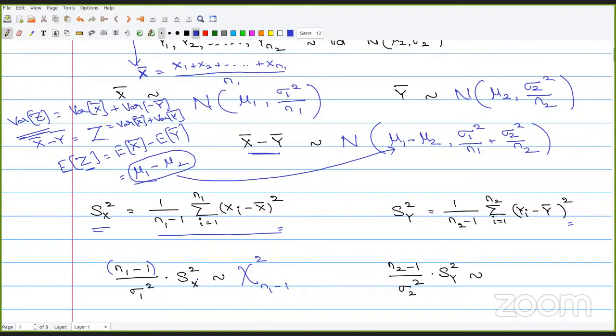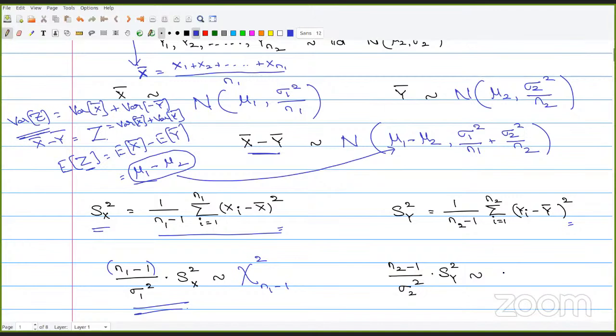We compute alpha by converting this test statistic into the well-known chi-square distribution. We just multiply n1 minus 1 divided by sigma 1 square with the sample variance. Then this new quantity follows a chi-square n1 minus 1 distribution, so from there we know the probabilities, and we will compute alpha, beta, and everything.